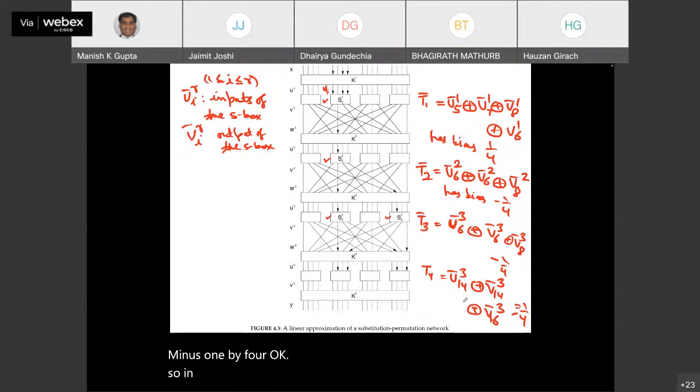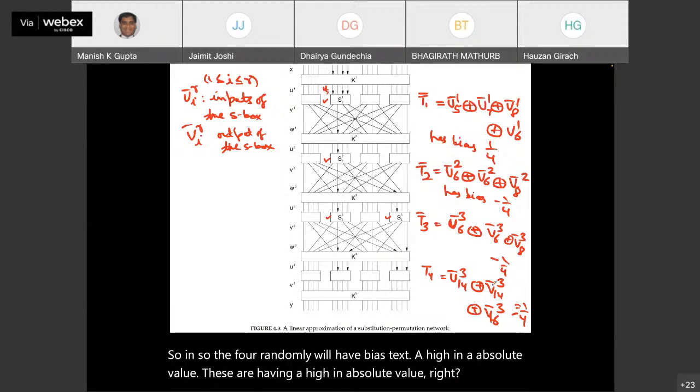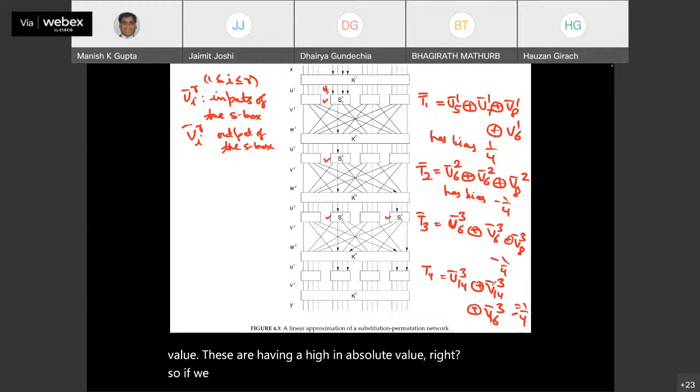So the four random variables have high bias in absolute value. If we assume that these four random variables are independent, which is actually not the case, this is something very interesting.